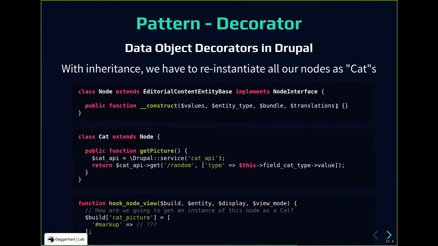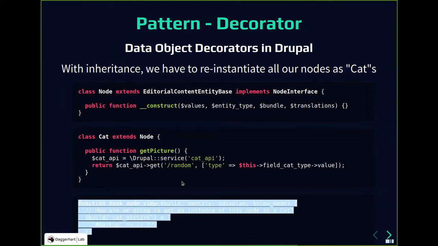We could override it, but we'd still have to fulfill that node's constructor when instantiating a cat. And in our get picture, we could go out and get the service, or we could do that in the constructor. And now we're coupling our cat class to the service locator. Maybe you could find another way to do it, but you're still making it complicated.